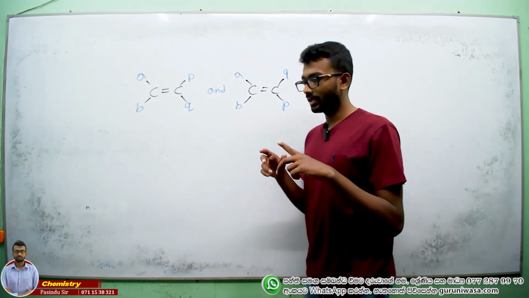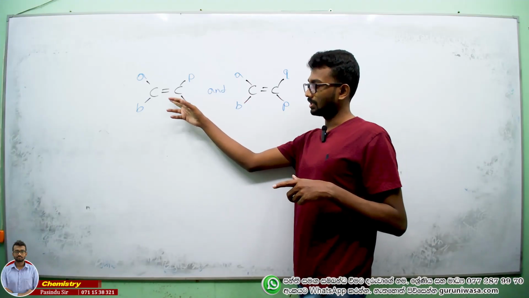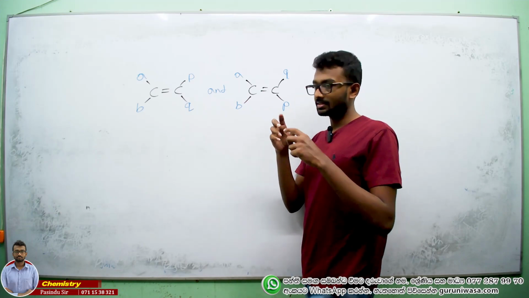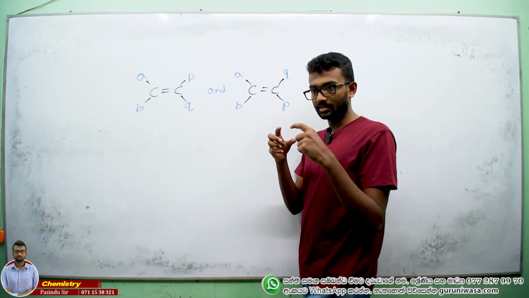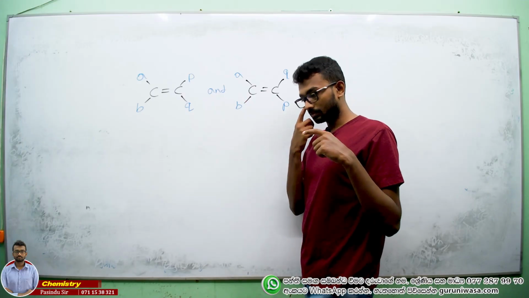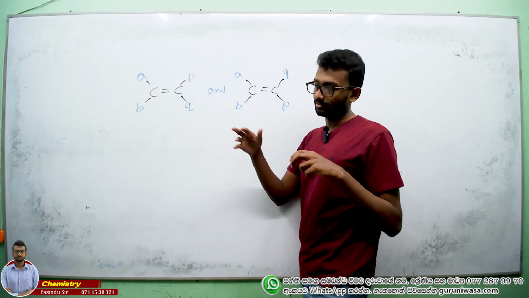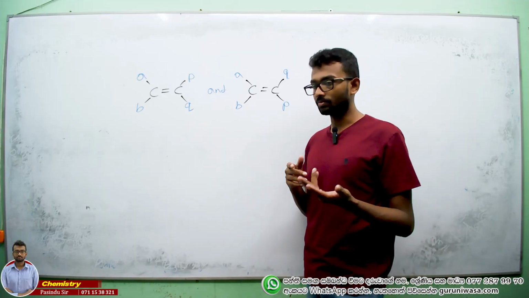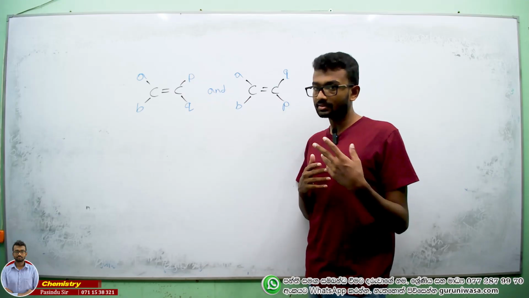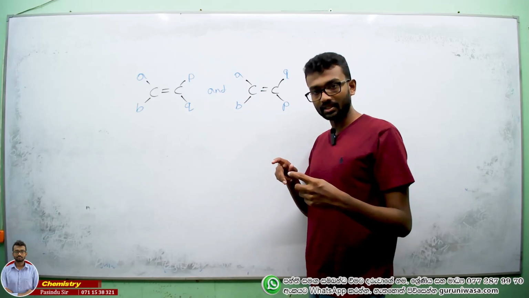You can think of this double bond like two rods, metal rods. This carbon is bound with two metal rods. What will happen when you start to rotate?